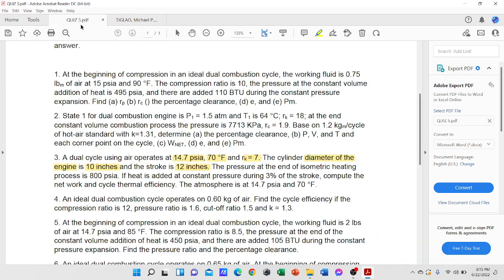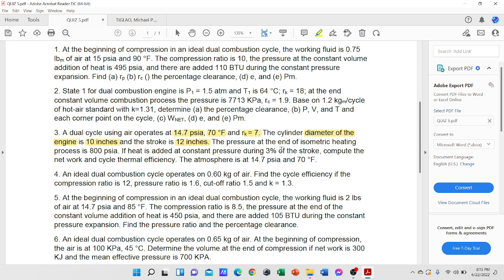So, if we look at the PV diagram, isometric means constant volume. So it is here at this point, that is the constant volume or isometric. It says end, so we are at point 3. Therefore, we have an isometric heating process with a pressure of 800 psia. If heat is added at constant pressure during 3% of the stroke, compute the net work and the cycle thermal efficiency.